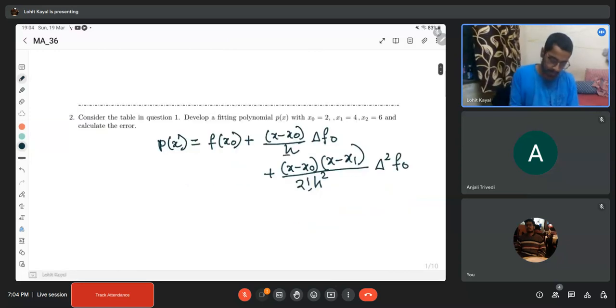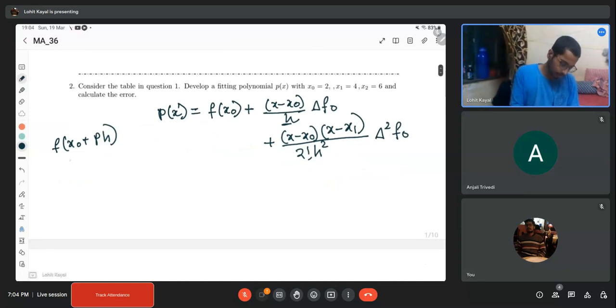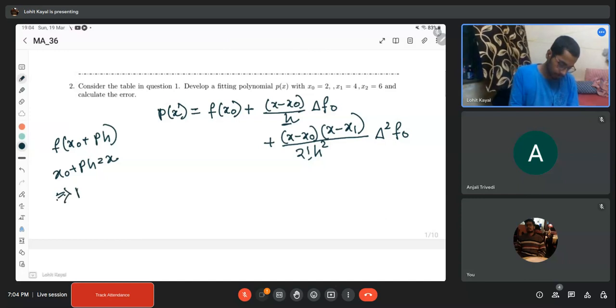Now remember this is coming from this formula: f of x0 plus ph, where x0 plus ph equals x, which implies p equals (x minus x0) by h.